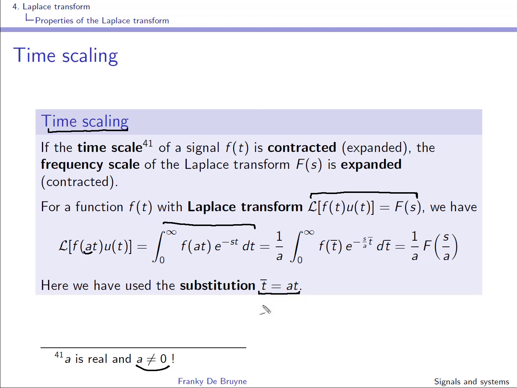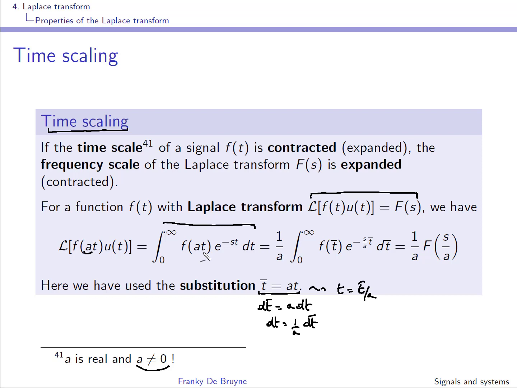So obviously dt bar will be a dt, or dt is 1 over a dt bar, and we'll have something similar, of course, that t is equal to t bar over a.